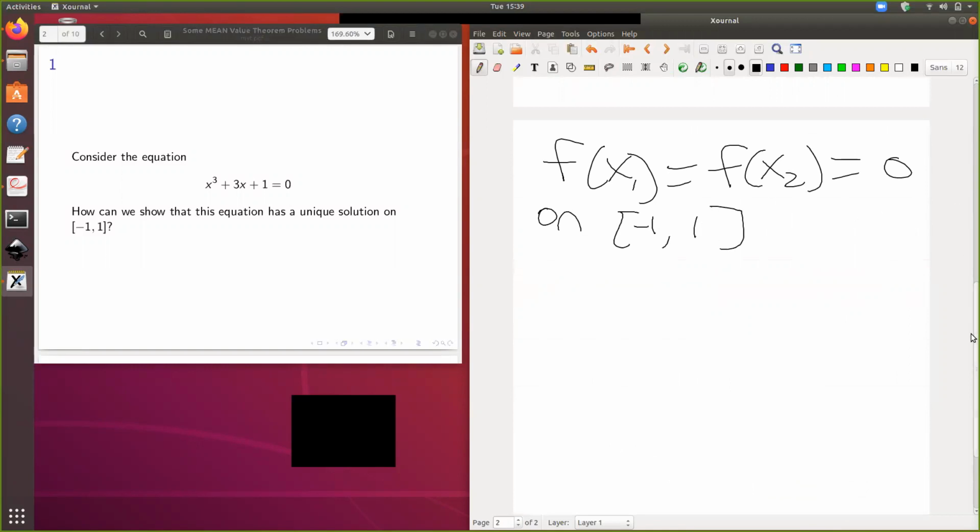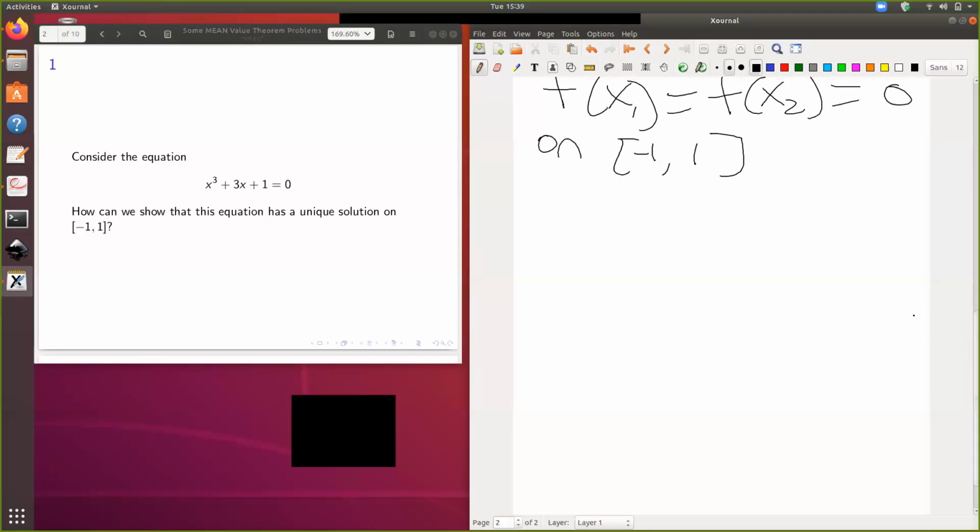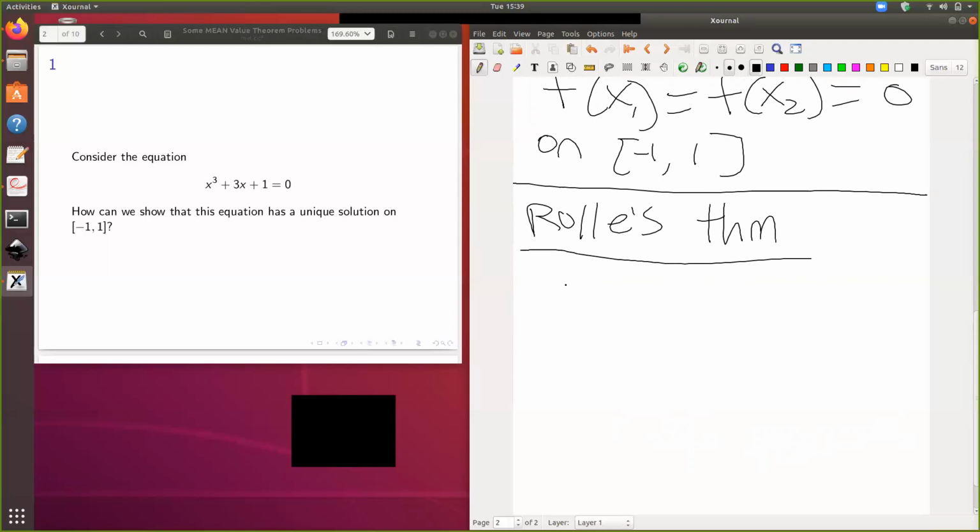Well, at this point, we can use a new theorem, which we just learned, Rolle's theorem. So what does Rolle's theorem tell us? It tells us there is a point C inside of the interval -1 to 1 such that f prime of C equals 0. Drawing a picture of what something like that looks like.